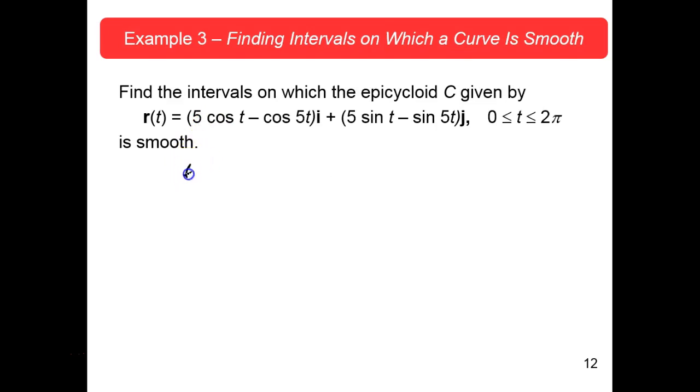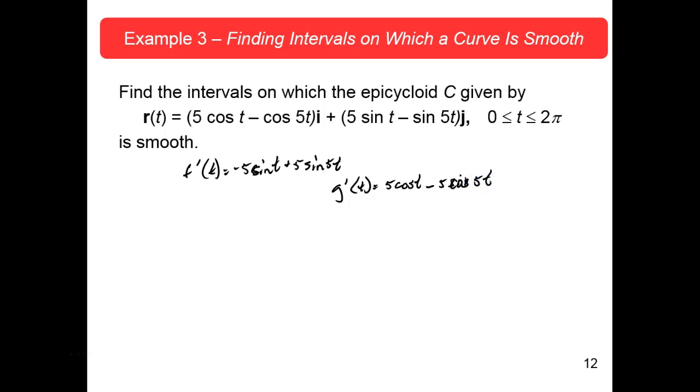So what's your f prime? Negative 5 sine t plus 5 sine 5t. Okay? And what is your g prime? 5 cosine t minus cosine 5t. I can't write, but there we have it.